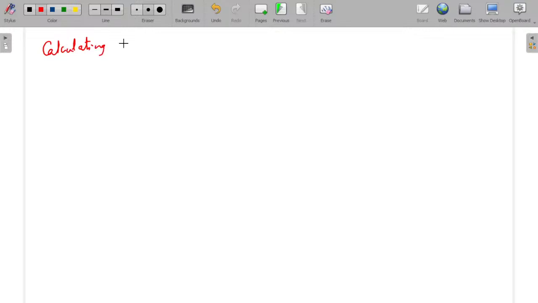Alright, now we will see how we can calculate the time and space complexity for any given algorithm. I'll take an example algorithm first, and then we can see how to calculate the time and space complexity for it.